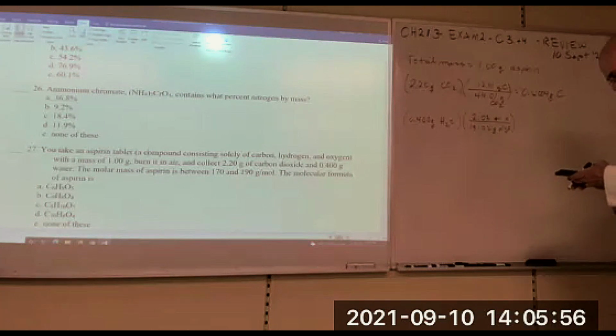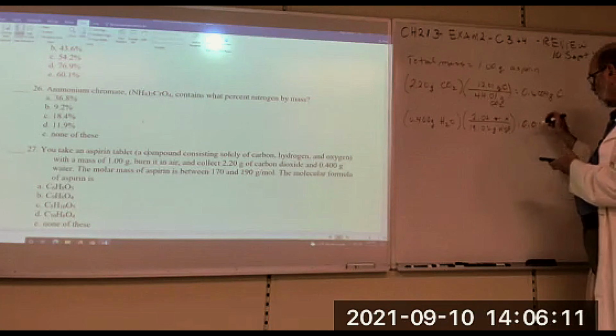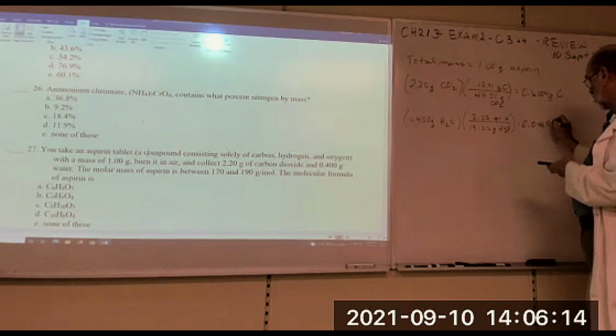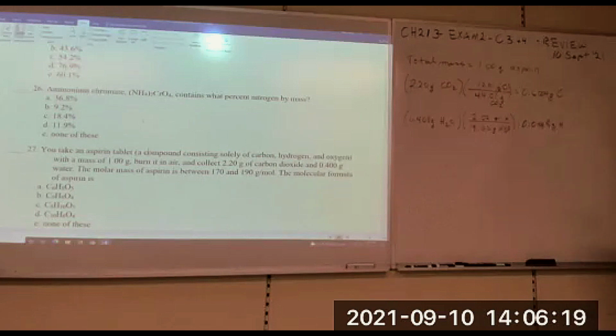So we need 2.02 divided by 18.02, and then times 0.4, which is 0.0448 grams of hydrogen. Okay, so how many grams of oxygen do we have? We add those up and subtract them from 1. 0.355.